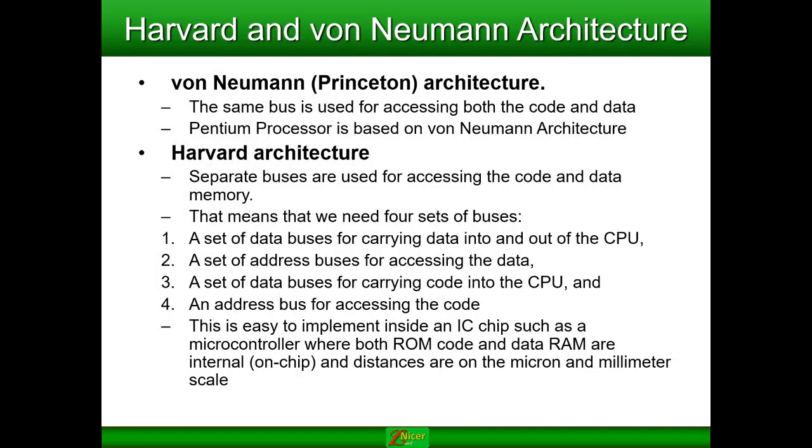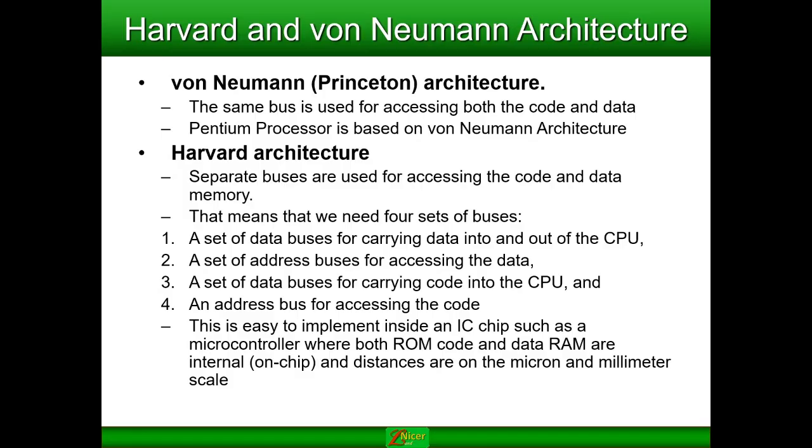That means we need four sets of buses: a set of data buses for carrying data into and out of the CPU, a set of address buses for accessing the data, a set of data buses for carrying code into the CPU, and an address bus for accessing the code. So we have all these buses available at all times, and we can use them in parallel.